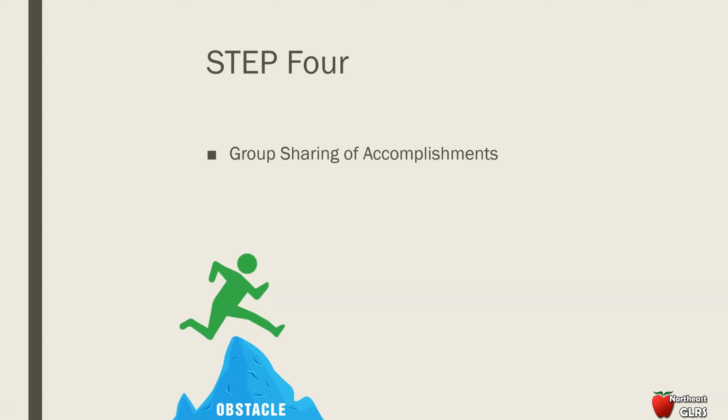This is opposed to attributing failure to the environment and success to overcoming environmental obstacles. So by group sharing of accomplishments, we can begin to discuss what those obstacles are and have a more focused approach at removing the obstacles or barriers, as opposed to just assuming that they are unchangeable.